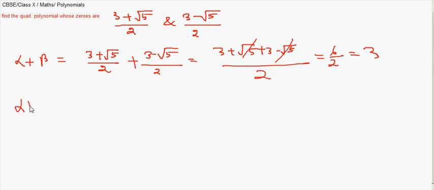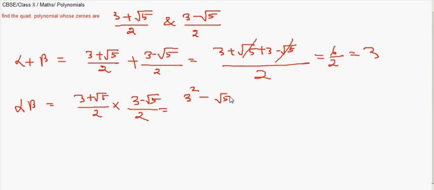Alpha beta, that is the product of the two numbers, 3 plus root 5 by 2 multiplied by 3 minus root 5 by 2. Multiplying the numerators, it is 3 square minus root 5 square by 4.